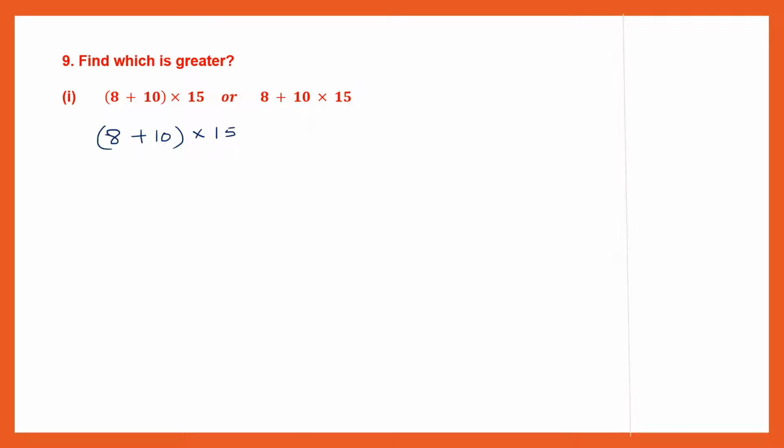Now let's recollect BODMAS. BODMAS is the rule that we should follow when our question has more than one operation. Here we have addition, multiplication, and also brackets. According to BODMAS, the first thing that we need to do is brackets.